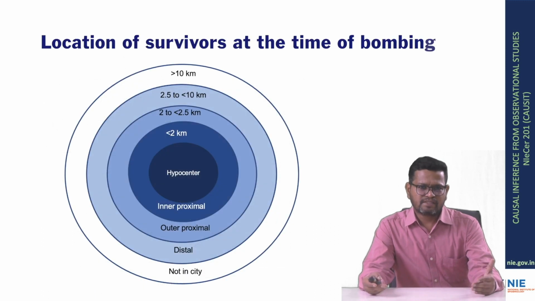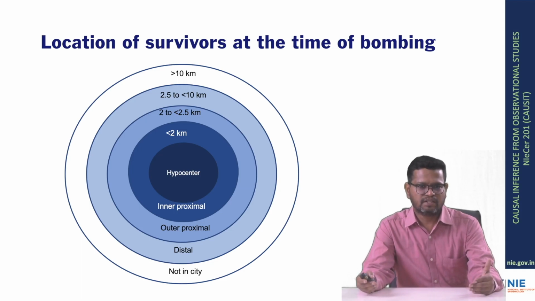So the LSS Life Span Study cohort members included four groups. All survivors who were located within 2 kilometers of either hypocenter at the time of the bombings, that is called inner proximal, and all survivors at 2 to 2.5 kilometers, that is outer proximal, and survivors at 2.5 to less than 10 kilometers who were sex and age matched to the inner proximal survivors.